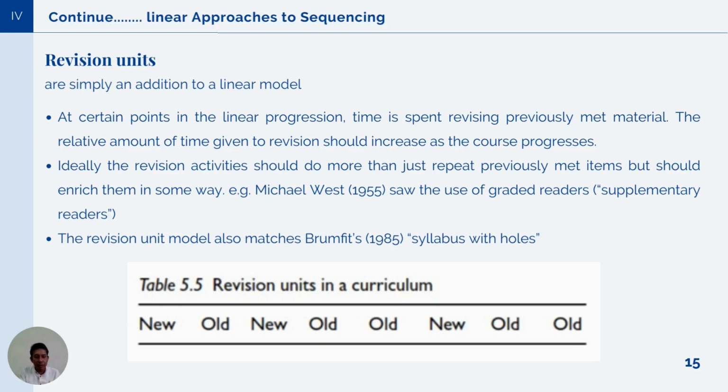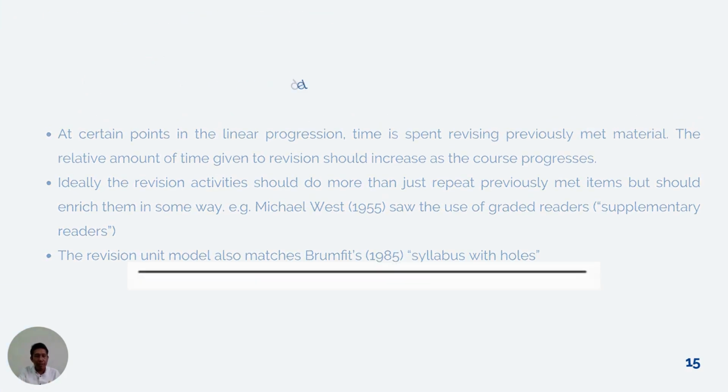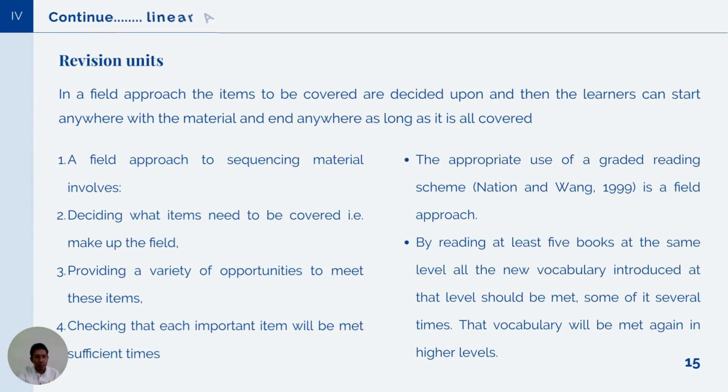For example, in the table, new, old, and new, old. So there are some holes in each part. And then revision units.